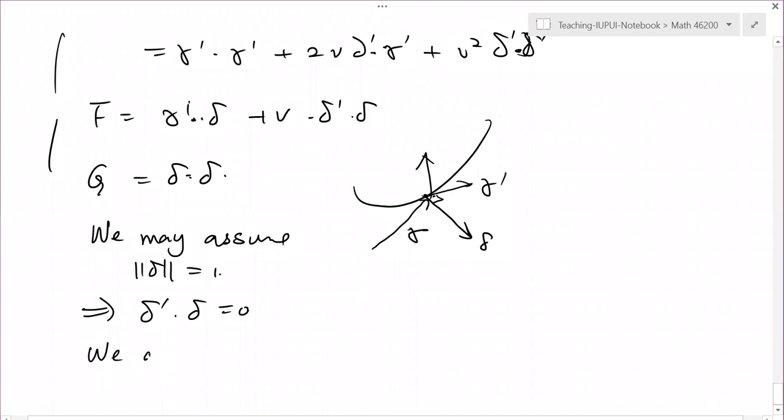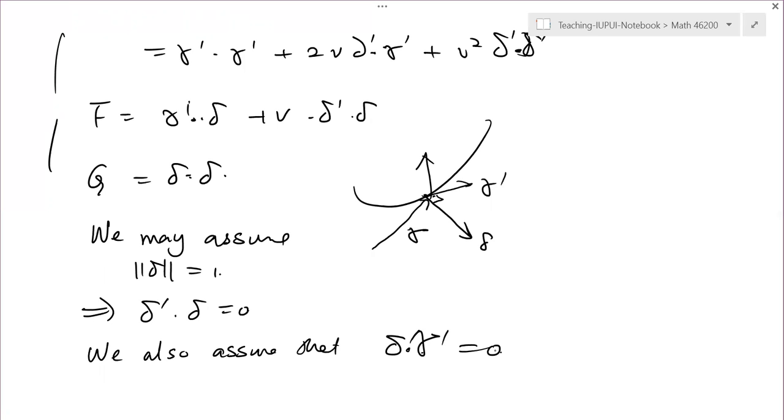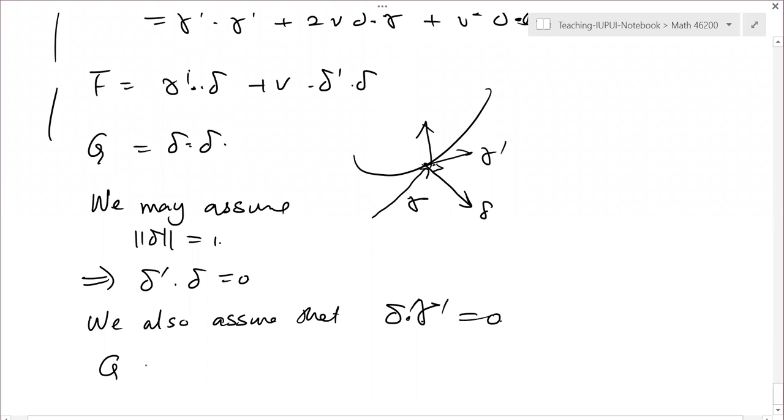So we also assume this gamma prime delta is going to be 0. That means it's a family of vectors delta along the curve, perpendicular to the curve. Right, so now it's relatively simple.